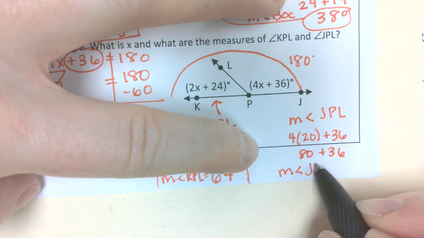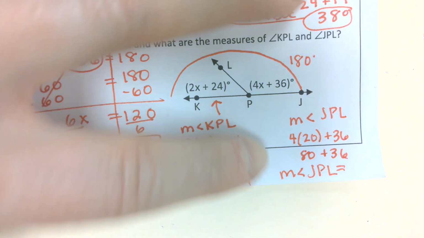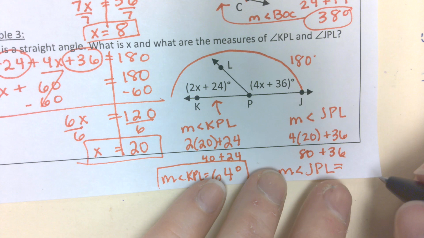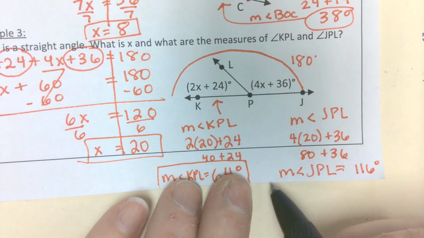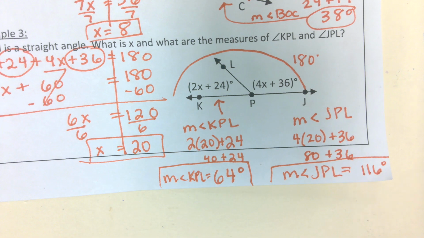Measure of angle JPL. 80 plus 36? Yeah, 116 degrees. Okay, so we are done with the notes, so you'll move on to the assignment.